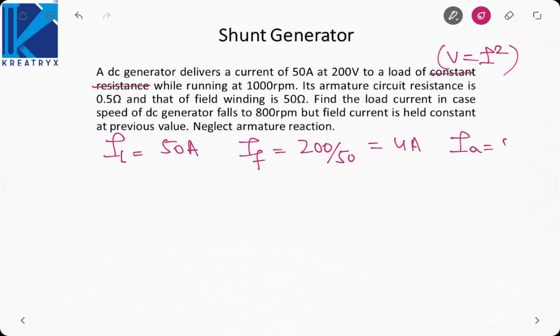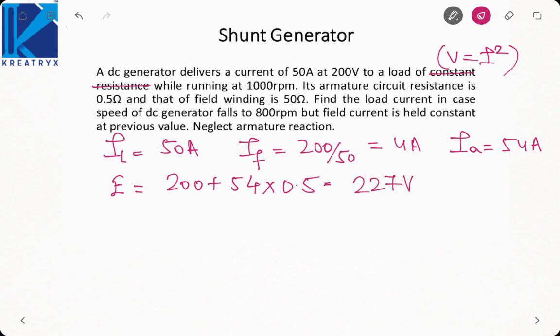By KCL it will be 54 ampere. Now here I can calculate EMF. If you wish to calculate EMF, how much will it be? EMF will be VT 200 plus IA 54 into RA 0.5, that is 227 volt.